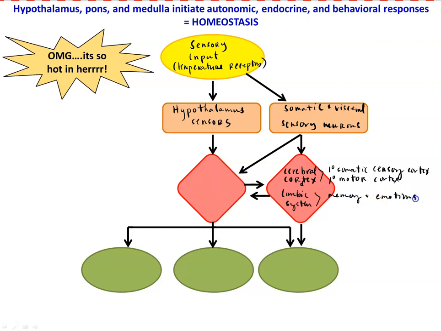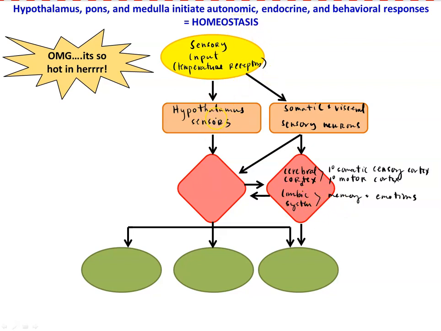Because remember, our memories and emotions about certain events also help protect us, right? So if I don't like the heat because I remember that it causes me great discomfort, this is another way that we can now maintain homeostasis, okay?